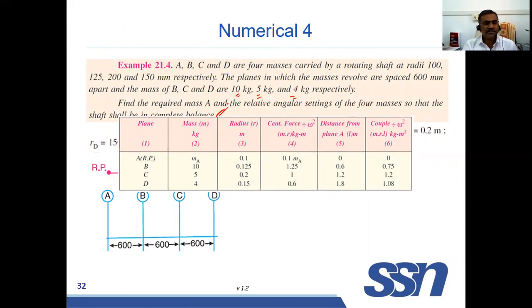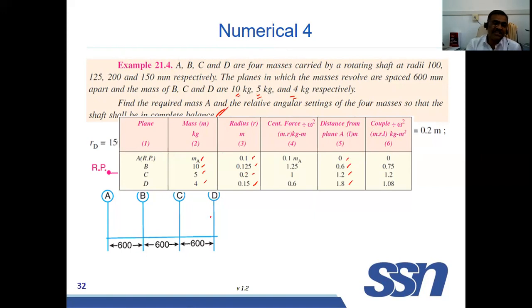So for this, what data are unknown? The radii are given. Masses other than mass MA are all given. The distances between the planes are given, but angular positions are not given in this problem.